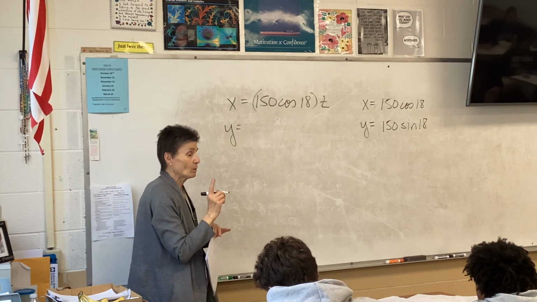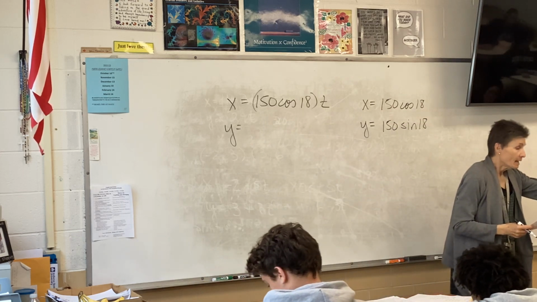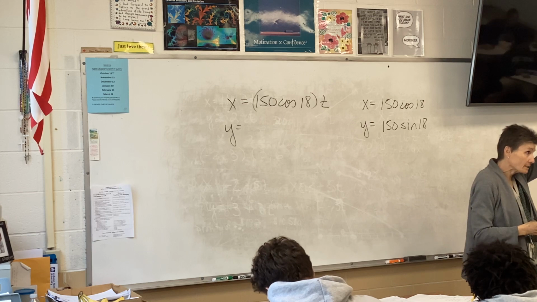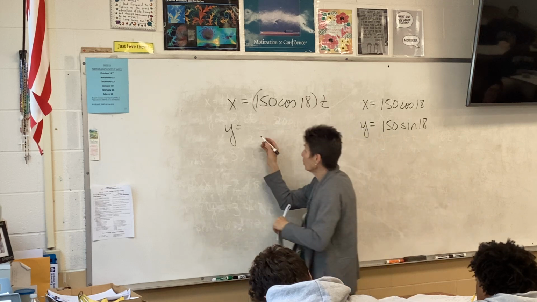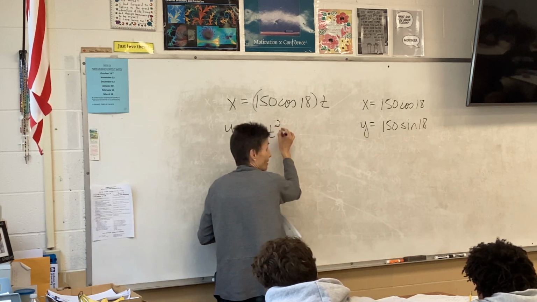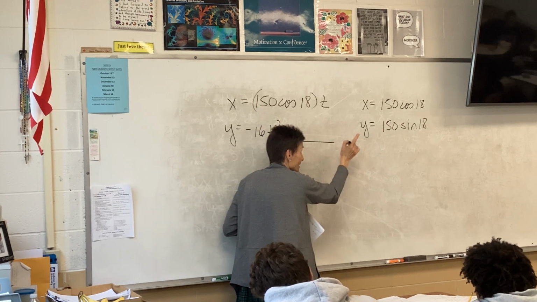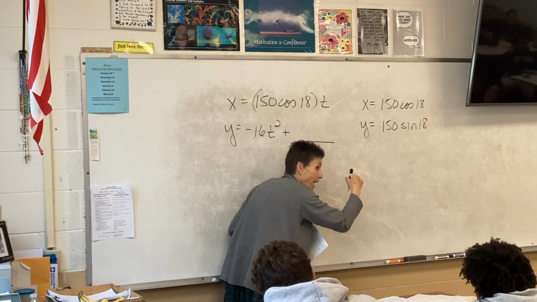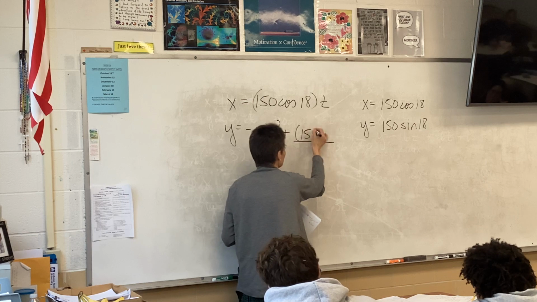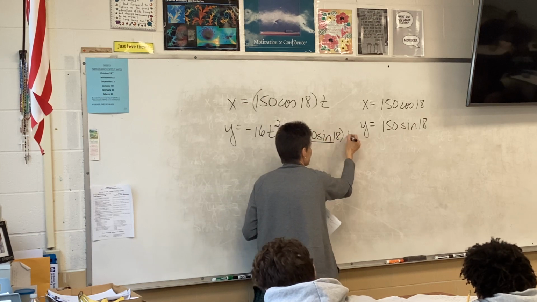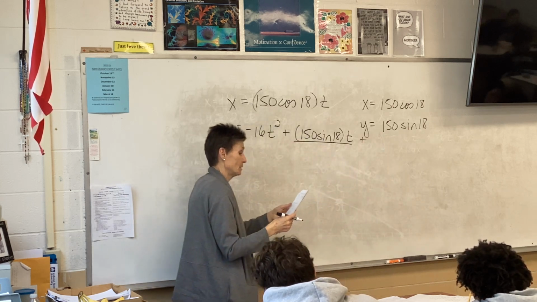Now we have to be careful with y because y is height, and isn't this baseball like a projectile going up into the air? So we're going to start with our same old negative 16 t squared. But for the initial velocity, we're going to put in the y component of the initial velocity, so this is going to be 150 sine 18 t. And then plus, well, how high was the ball? 3.